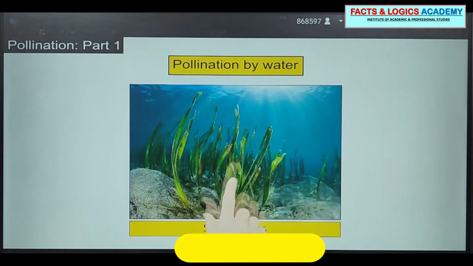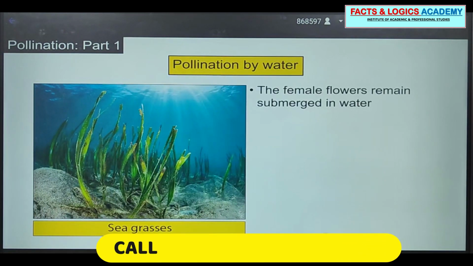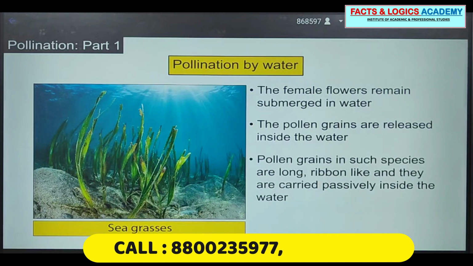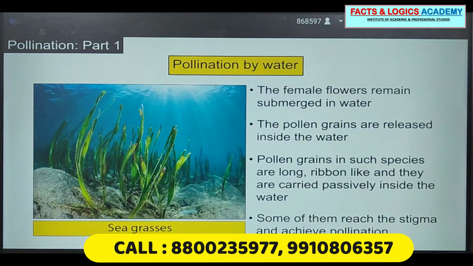Now let us take another example in sea grasses. The female flowers remain submerged in water and the pollen grains are released inside the water. Pollen grains in many such species are long, ribbon-like, and they are carried passively inside the water. Some of them reach the stigma and achieve pollination.